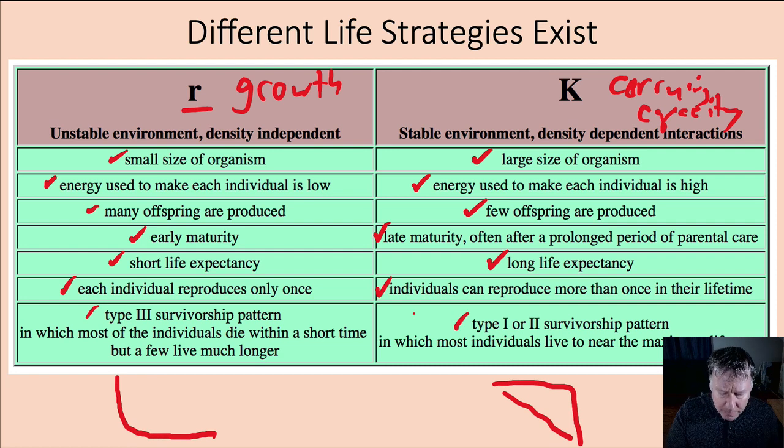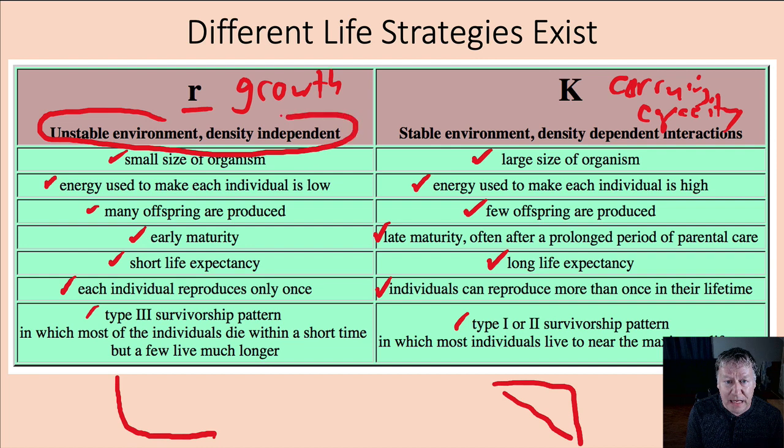So what would determine what category you fall in? Remember, the determining factor is which one gives you the greatest fitness. R-selected species generally occur in unstable environments that are heavily impacted by density-independent factors.